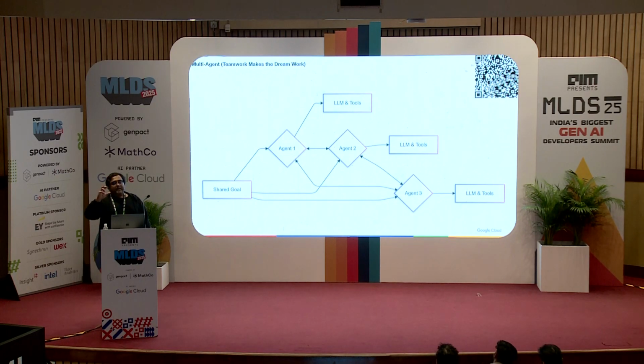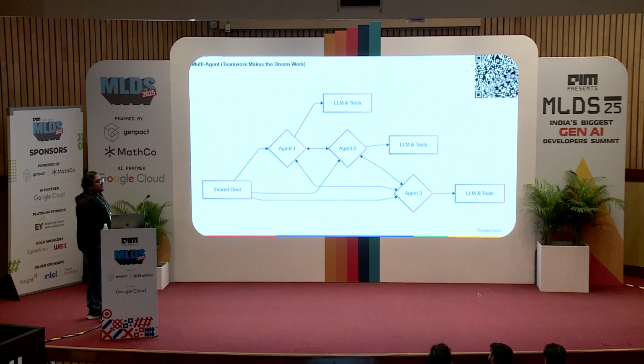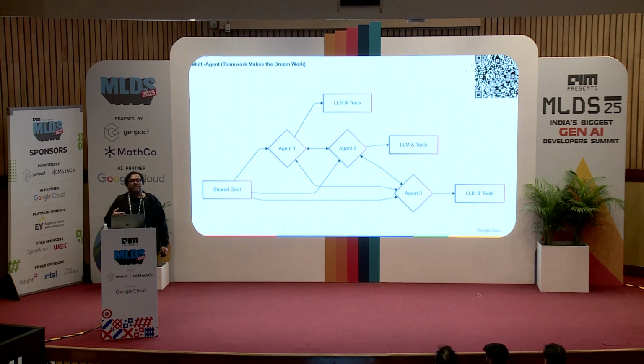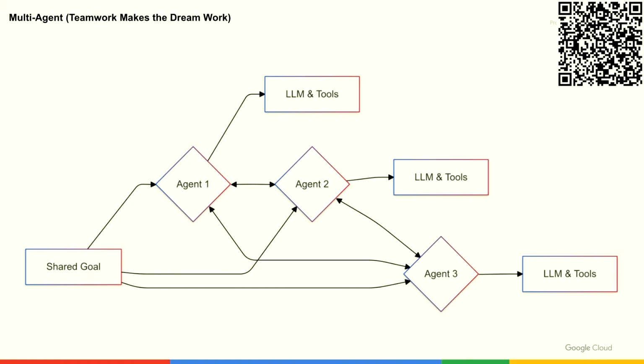They may do something individually, but ultimately they have to achieve the final goal. That's what we say when we are trying to build a multi-agent system, right? All of them have the same unit, which is the LLM and tool, LLM and tool, LLM and tool. This is what we mean by a multi-agent system.